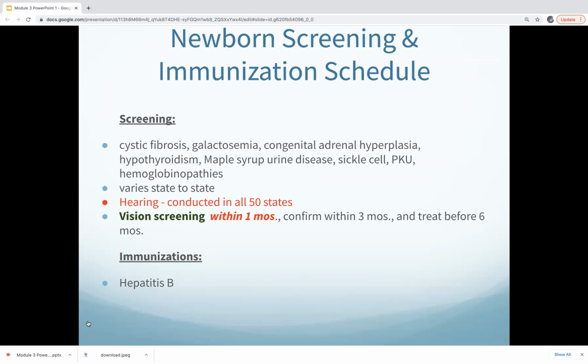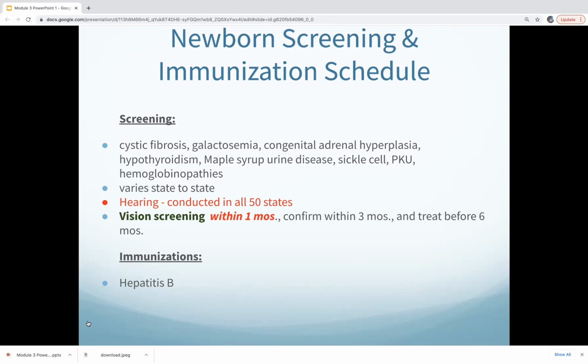Vision is not confirmed until after they're home, so they're having that done within a month. That is not something that is done in the hospital because their vision is blurry. They've had medication put in their eyes and different reasons. So that is something that is done outside of the hospital unless they're in the NICU for a long time.